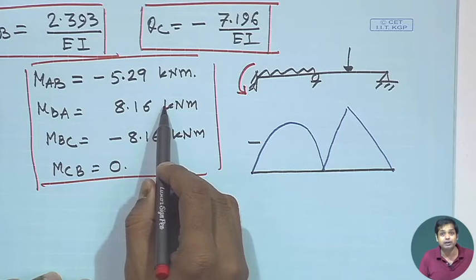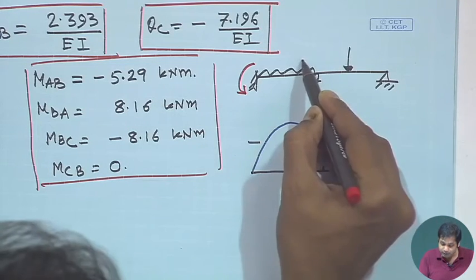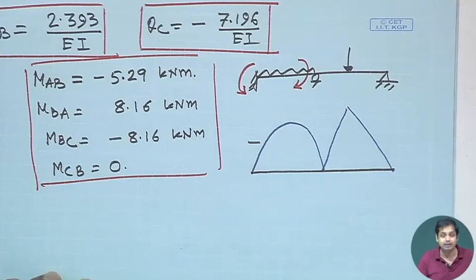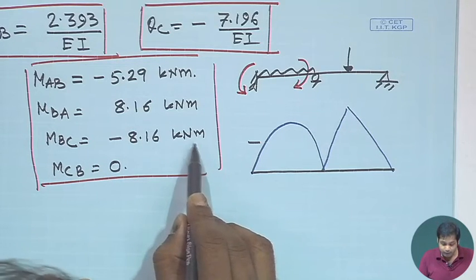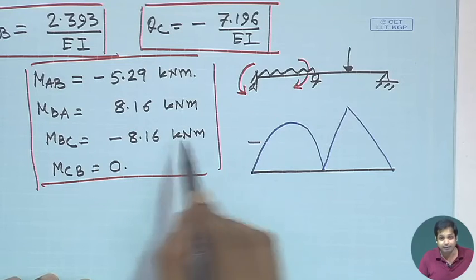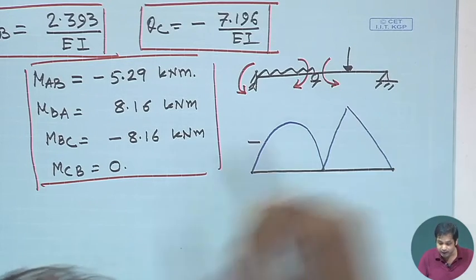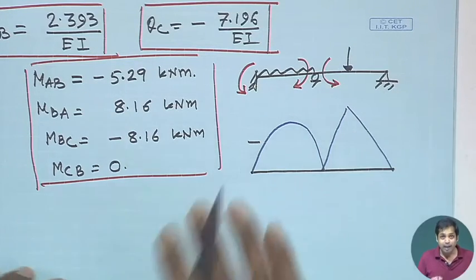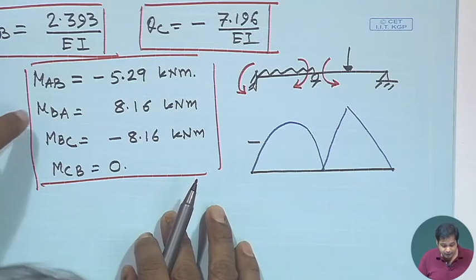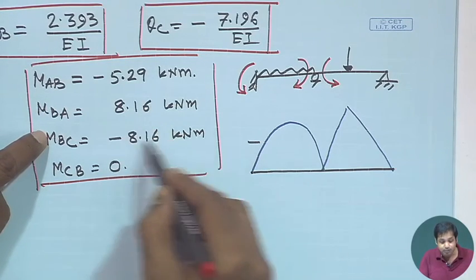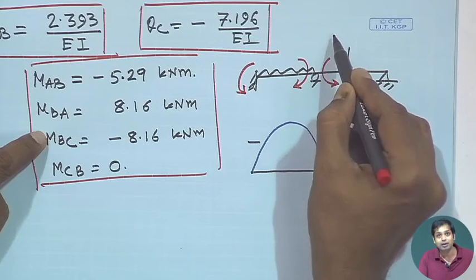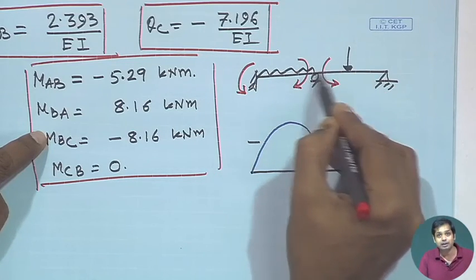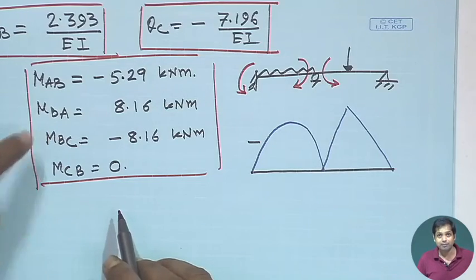It is positive, which means it is clockwise in this direction, and MBC is minus 8.16, which is negative, meaning anti-clockwise direction, and MCB is 0 here. Another important thing to be noticed: you see MBA plus MBC is equal to 0 here, and that is very obvious because at this point there is no external loading. So, the internal forces should balance each other, cancel each other, right.